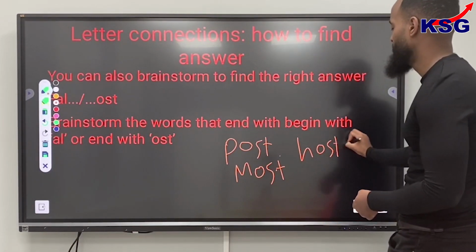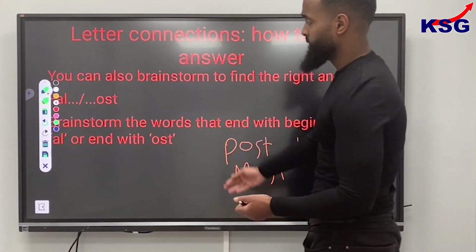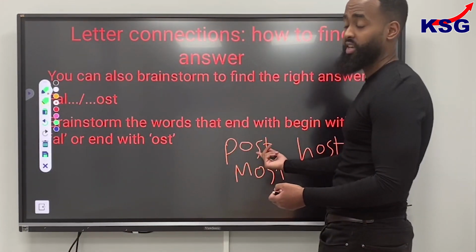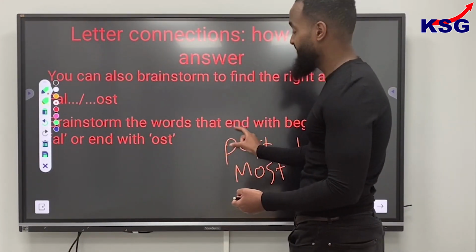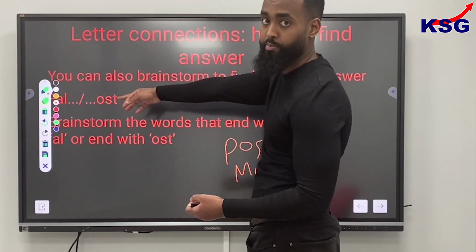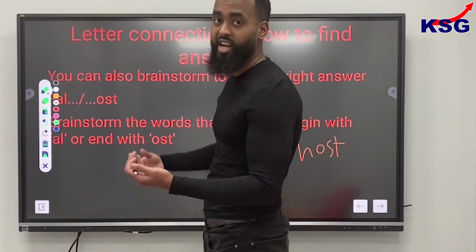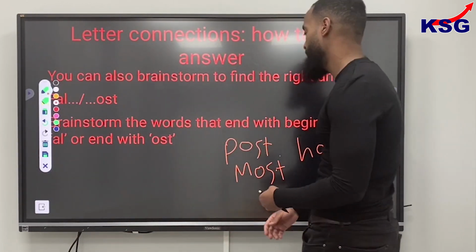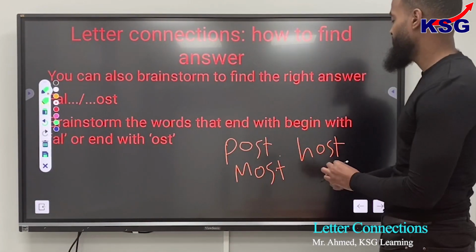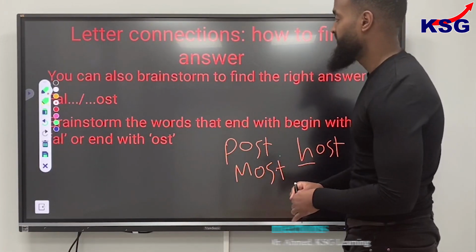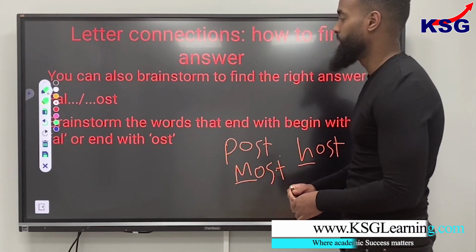But when we look at these words, we need, for example, post with P. We would need that letter to work with FAL to create another word. Now FALP, as we saw earlier, is not a word. FALH, because host begins with H, is still not a word. And the same with M, that wouldn't work either.